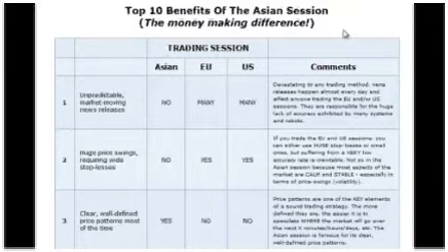In comparison to that, on the other side of the scale, we have the Asian session. The Asian session, 95% of the time, is a calm session. As an example, if today's market was a ranging market through the EU and the US sessions, most likely you're going to see an Asian ranging session going sideways.